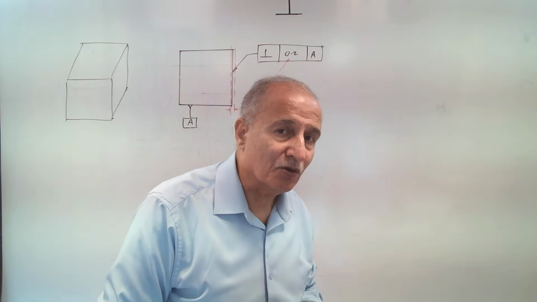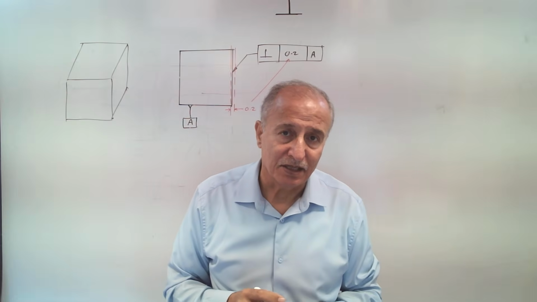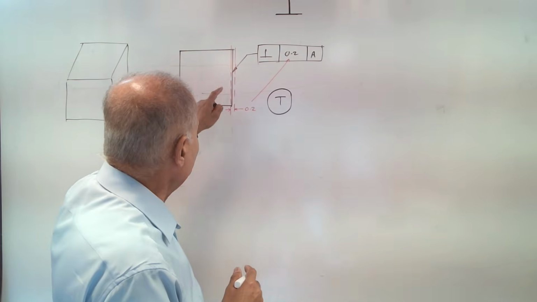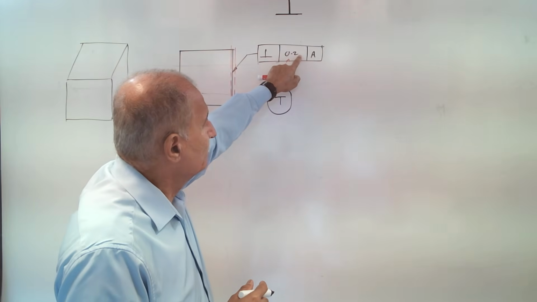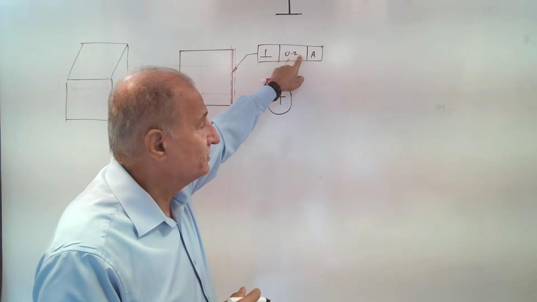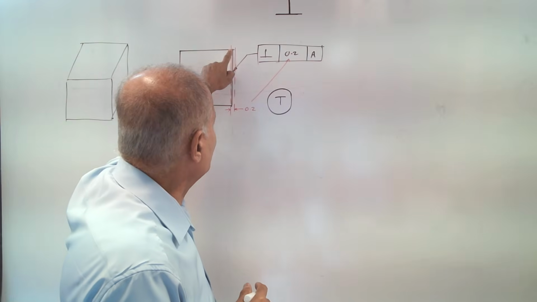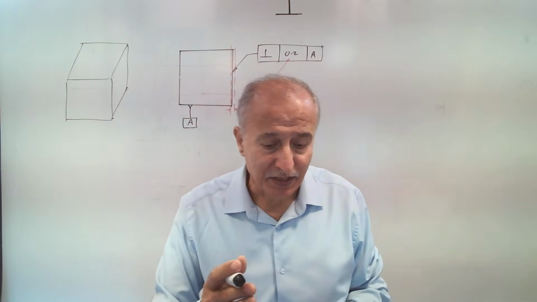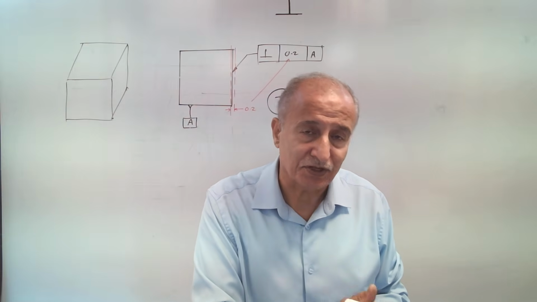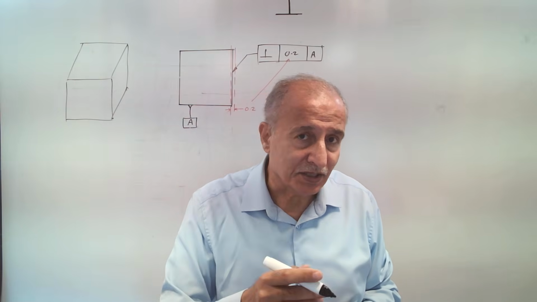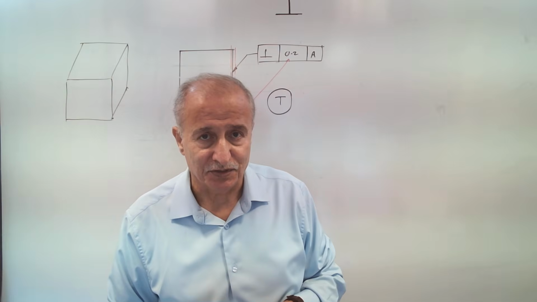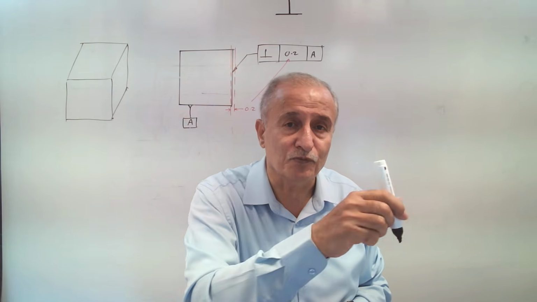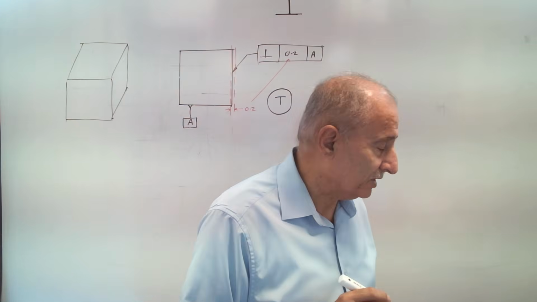The T modifier, which is called tangent plane, if it comes in front of the geometric tolerance, means that for verification of this perpendicularity, we have to use a tangent plane and put it on the surface and then move the dial indicator above that surface, because the surface has irregularity and doesn't allow easy movement of the dial indicator.